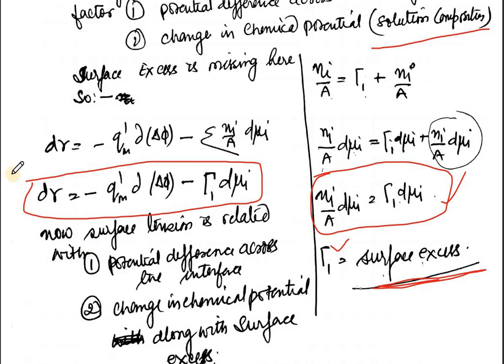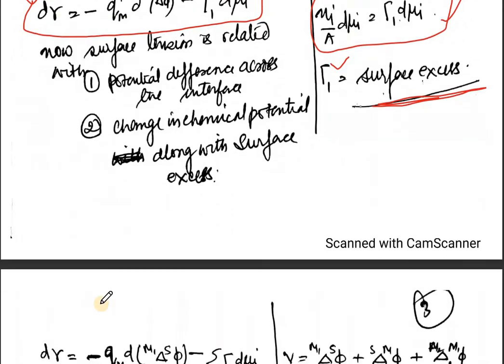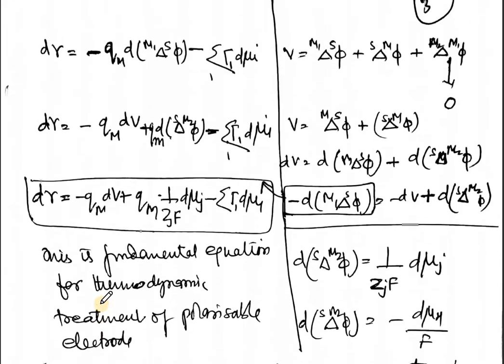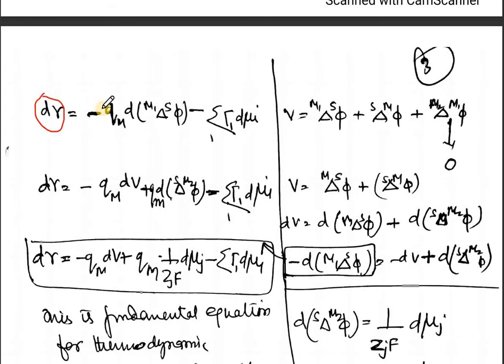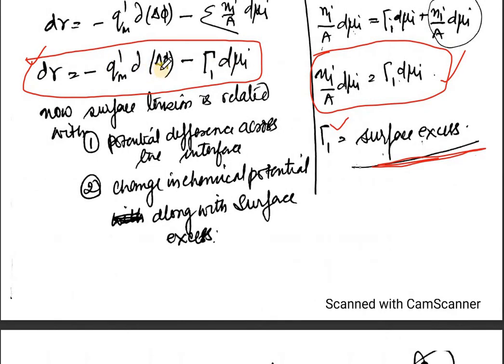Now the change in surface tension is related to two terms. First, the potential difference across the interface. Second, the change in chemical potential along with the surface excess. So this change in surface tension leads to two terms.